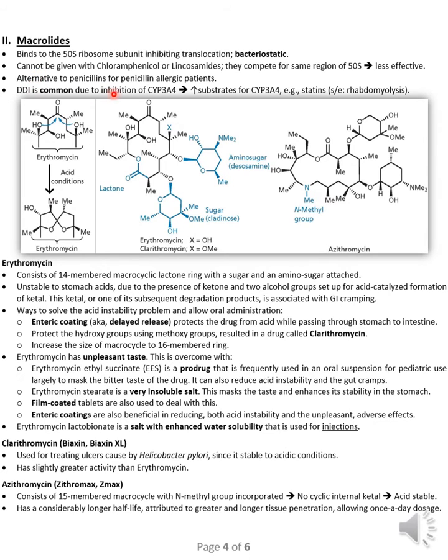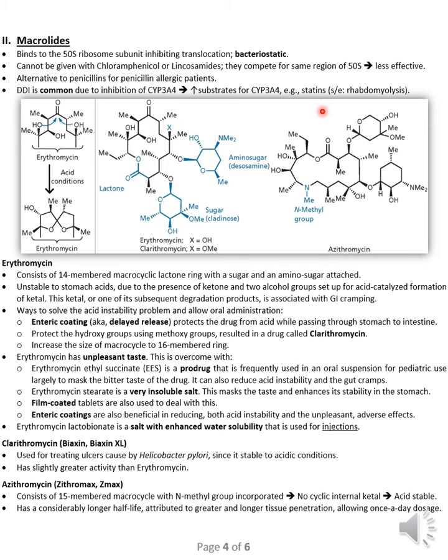Macrolides are usually used as the second choice after penicillin for patients who are allergic to penicillins. Drug interactions with macrolides are actually very common because they are inhibitors of cytochrome P450 3A4, and therefore they will increase the plasma concentration of substrates for these enzymes.